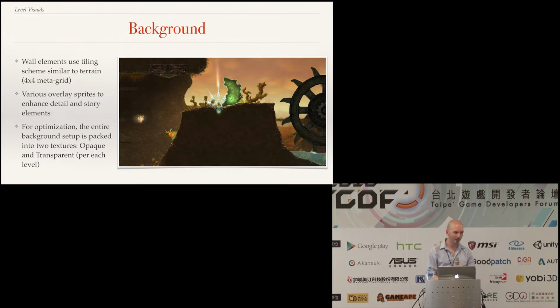These days it's pretty easy to do, because a lot of these things are done automatically, but we had to do this by hand. You have one texture that's transparent and another one that's opaque, and I'll show how we combine them.